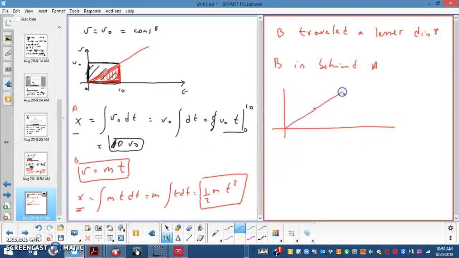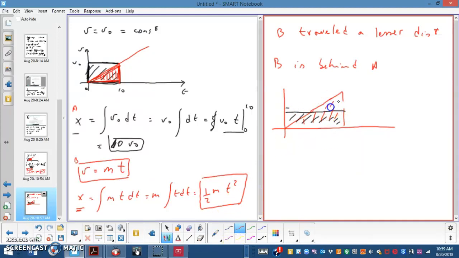You have this big triangle, and you have this rectangle instead. Let's compare those areas. They are saying that this area here and this area here are the same.